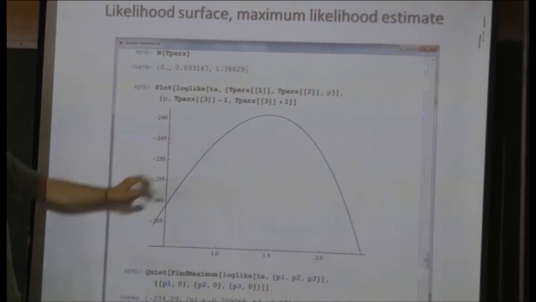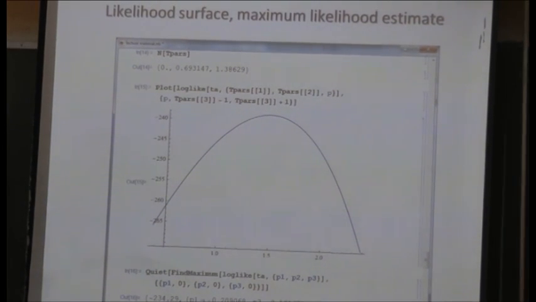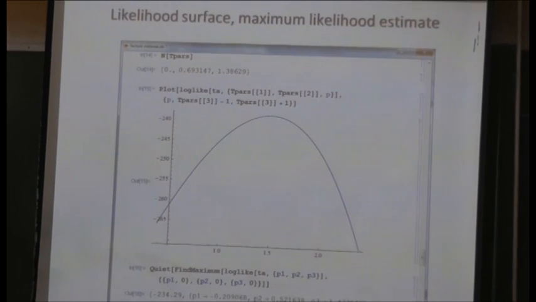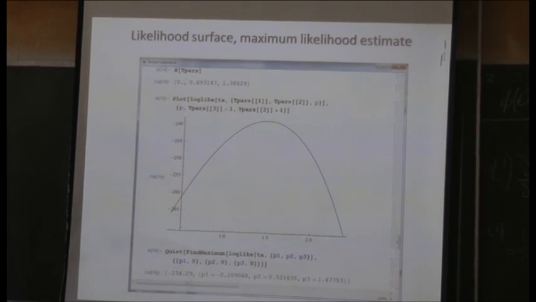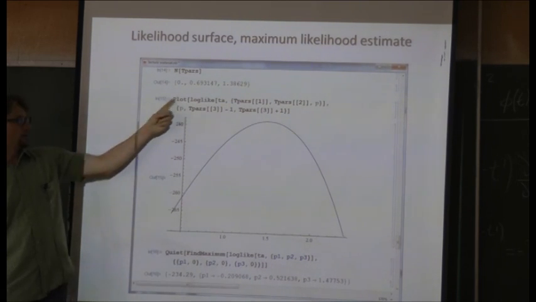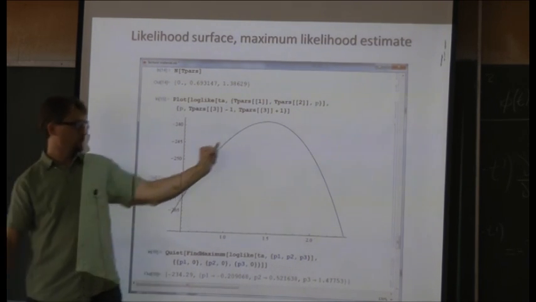What I'm plotting here is basically the full conditional likelihood for the third parameter, assuming that the 2 other parameters are at their true values. So this is how the log likelihood looks. It is this curve here.